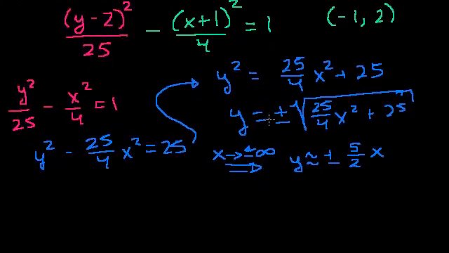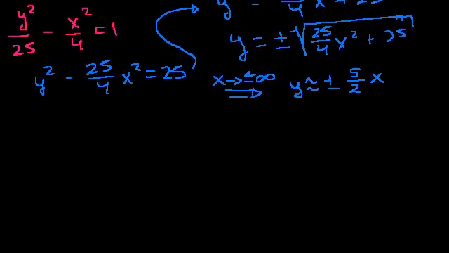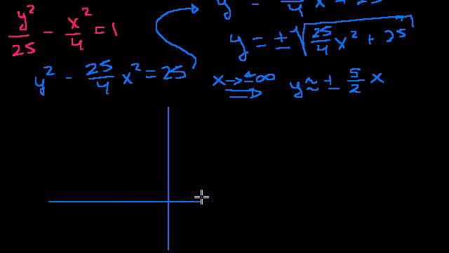And then we can figure out if it's an upward opening or a downward opening graph. Okay, we're centered at negative 1, 2. So this is my y-axis, this is my x-axis, and we're centered at minus 1 and then 1, 2.